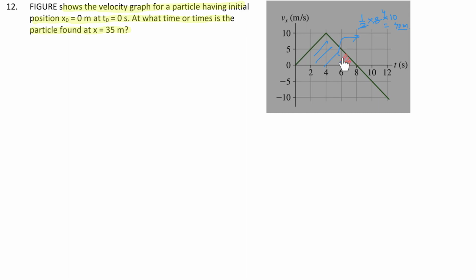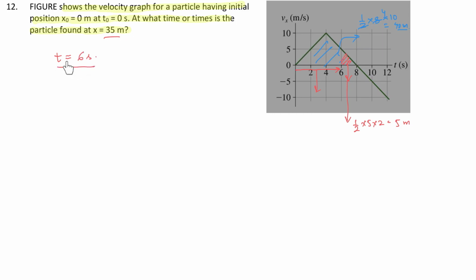So trial and error, how much will be this area? Half into 2 into 5 equal to 5. So from 0 to 6 second, area is equal to 35 meter.